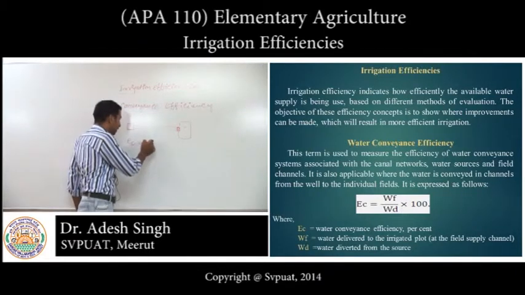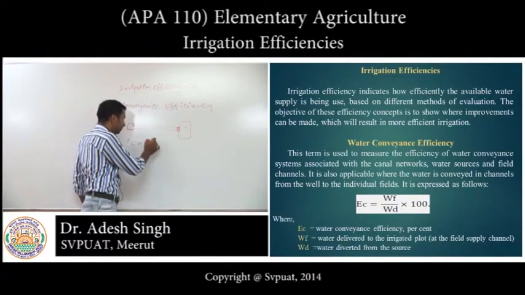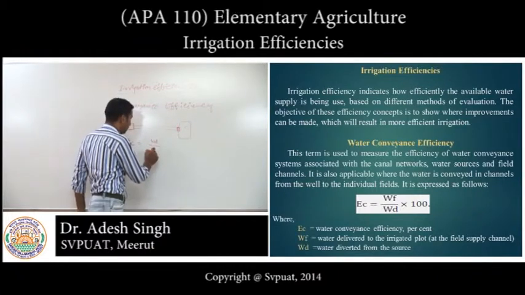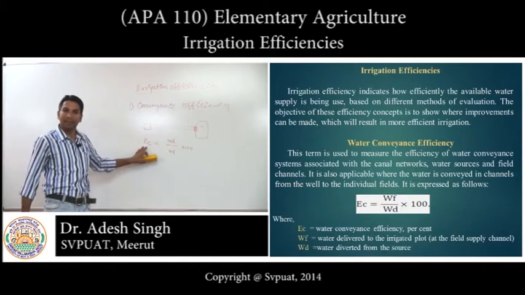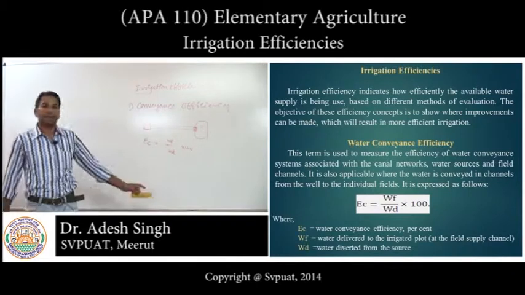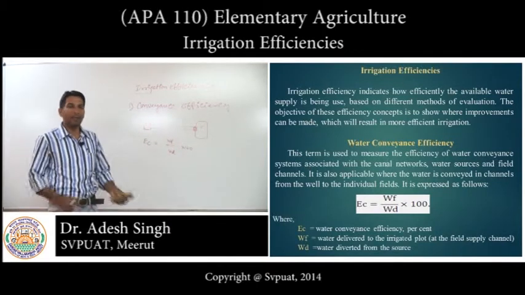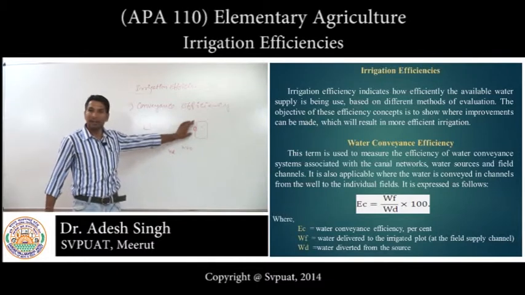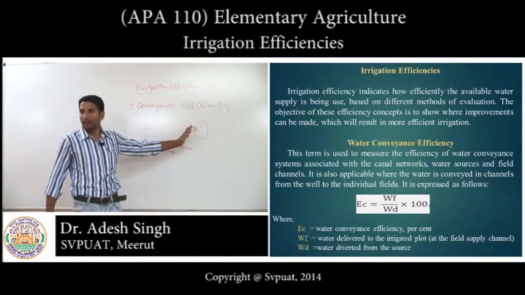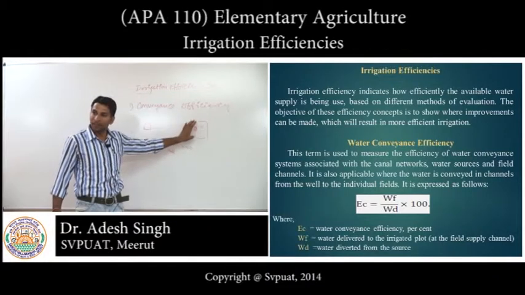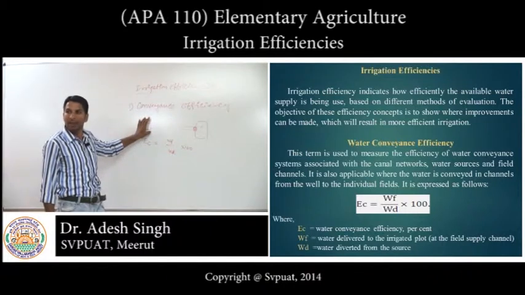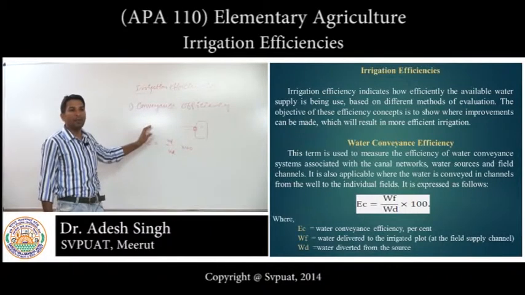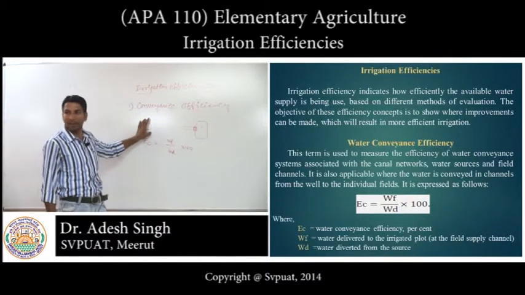It can be expressed as EC is equal to WF divided by WD into 100, where EC is the conveyance efficiency in percent, WF is the water delivered at the field gate, clear? Meaning the water received at the field gate, and WD is the water delivered from, or diverted from, the source level.